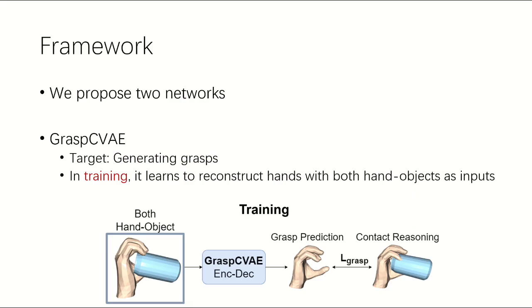We proposed two networks in the paper. The first is called GraspCVAE, which is a generative network aiming at generating grasps. In the training, the inputs will be both hand and object, and we train both the encoder and decoder of the GraspCVAE. The loss function will be introduced later.